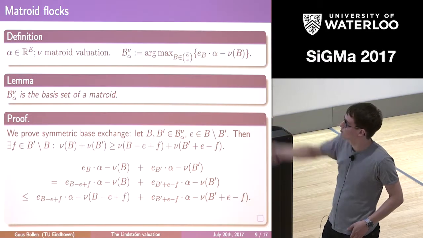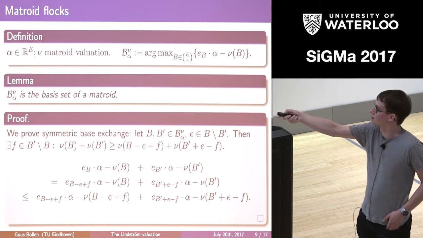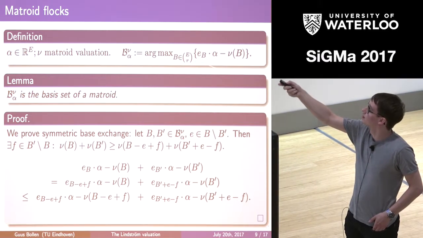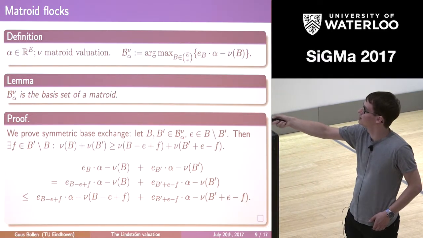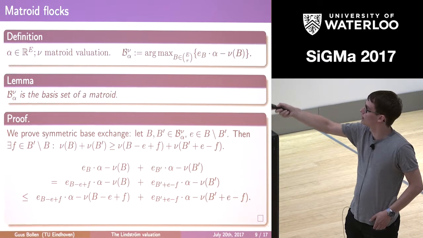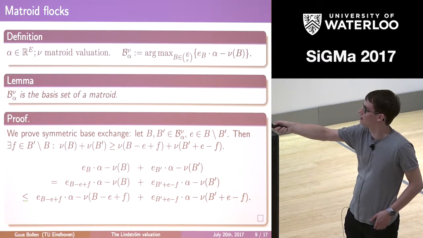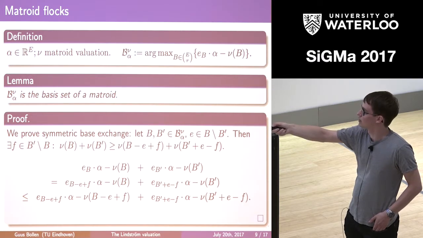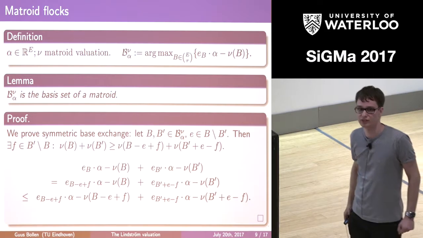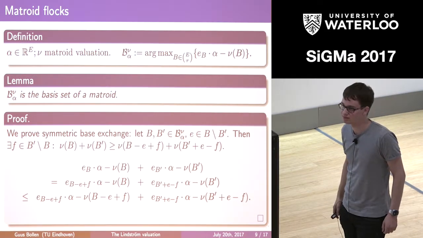And we apply this submodularity and we get the functions up here for the different bases. Well, these top two were maximizers. So since we have a lesser or equal here, these two must also both be maximizers, proving a base exchange.